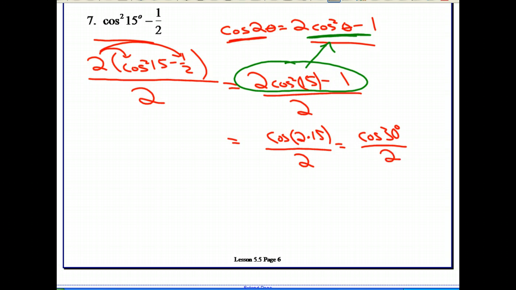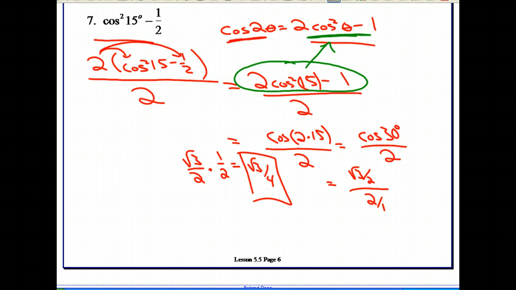What's the cosine of 30 degrees? You guys thinking square root of 3 over 2? But it's over another 2. And how do you divide? Well, 2 is like 2 over 1, so I multiply by the reciprocal. So I get the square root of 3 over 2 times a half. So you get the square root of 3 all over 4. Kind of a funny looking answer, but that will take care of it.